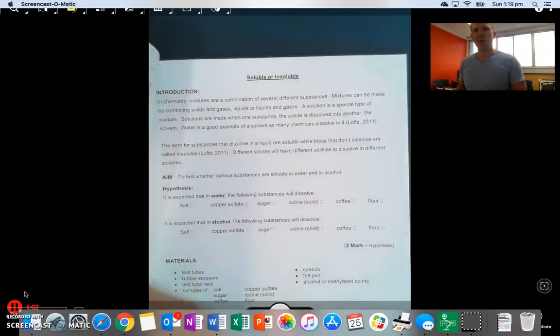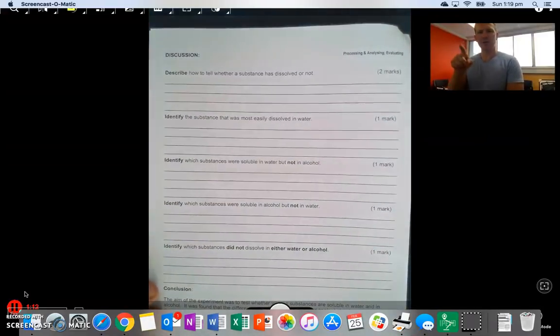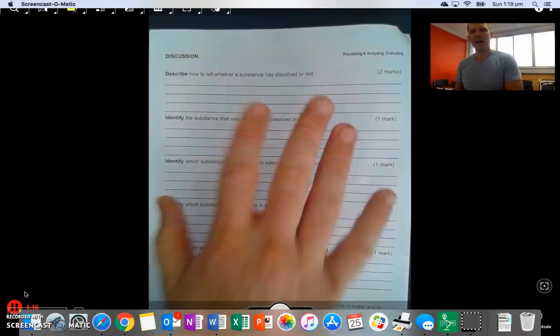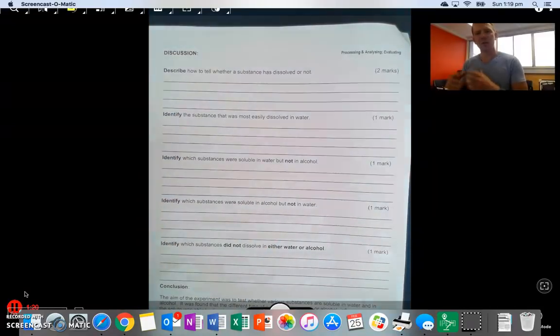It talks about what solvents are, what solutes are, what a solution is. You need to work out, well, how do I know? How am I going to go, well, that was soluble and that one wasn't? Once you can do that, you can answer that question. You can also see that there are 4 lines, so it's asking for a little bit of information, not just a one-word answer. Okay, so that's the first one.